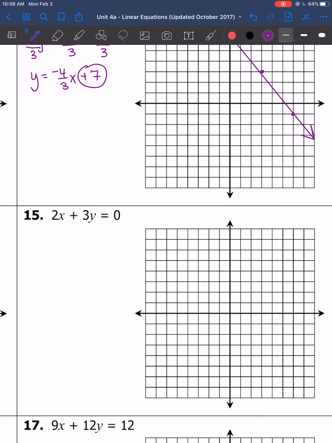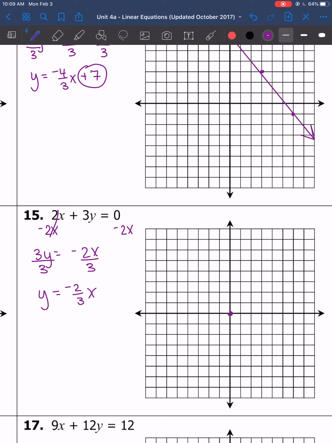All right, what about this one? We got 2 more. We could check this with Desmos, but let's do it by hand first. So we're going to subtract 2x from both sides. So I have 3y equals negative 2x, and I'm going to divide by 3. There's no constant, but that means that my y-intercept is 0.